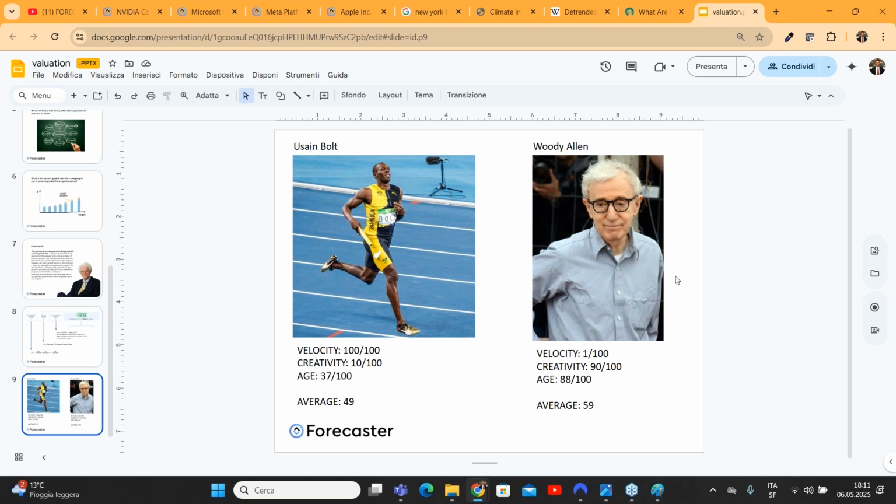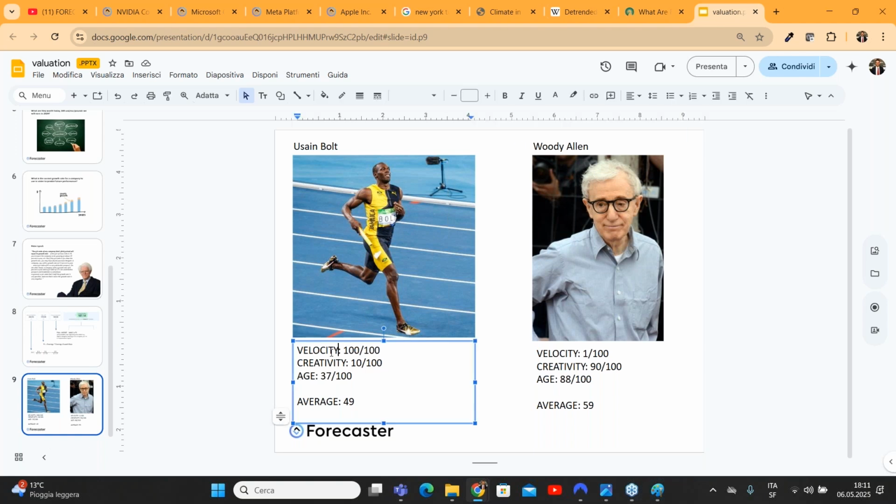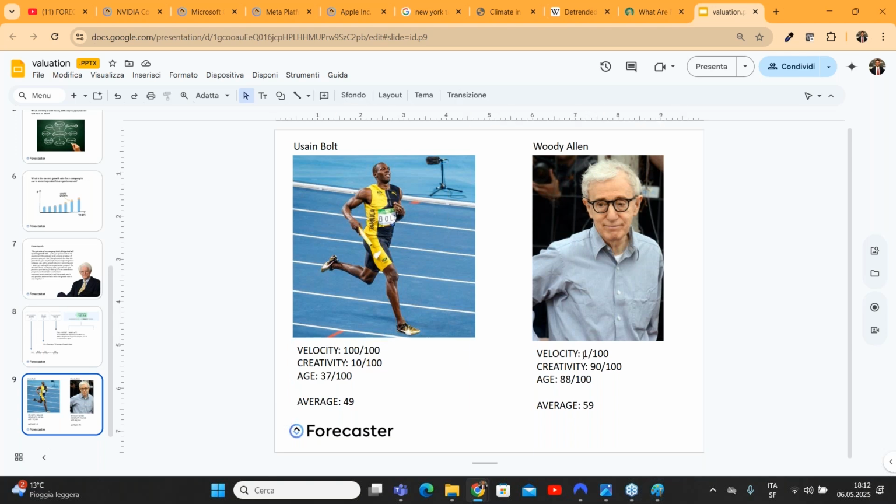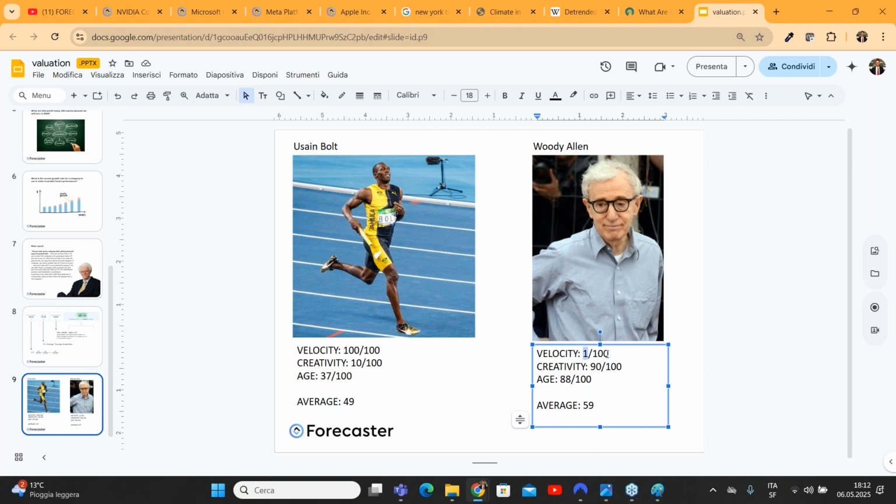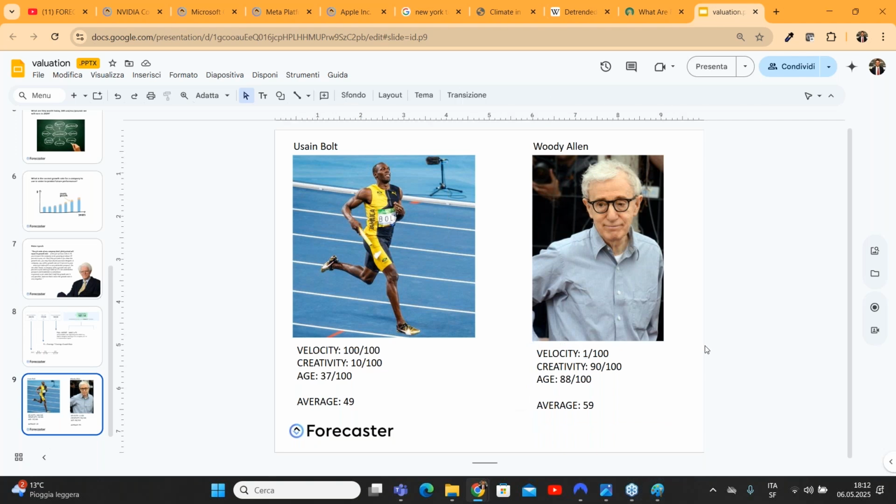Of course, you cannot evaluate them with a single method, because if you evaluate Usain Bolt for his velocity, he will have a much higher valuation than Woody Allen, who in velocity, I don't know him personally, but I really think is not as fast as Usain Bolt.